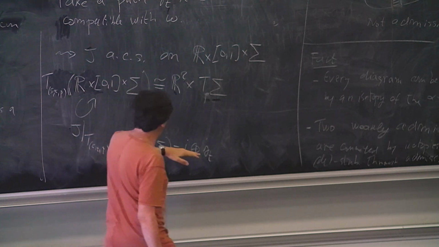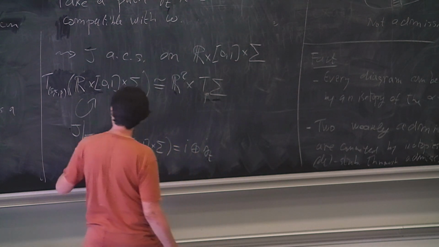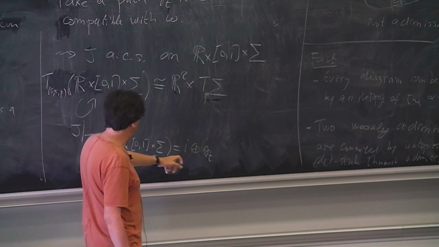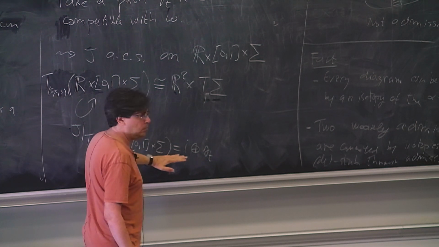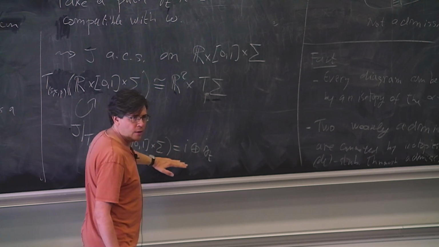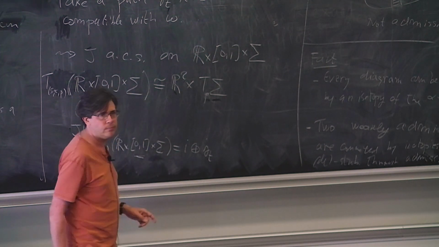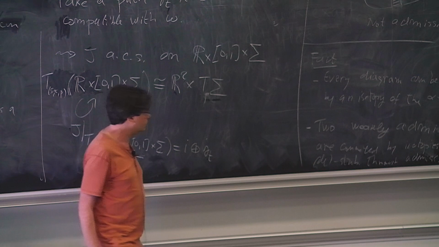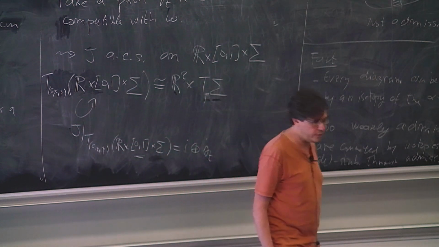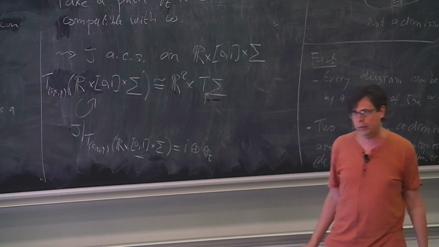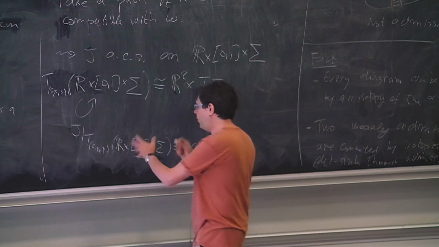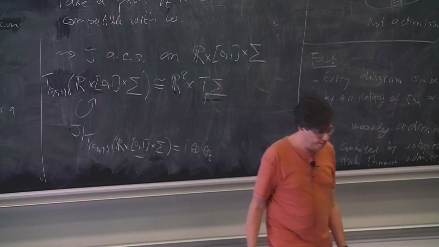So this is not a product almost complex structure because on the sigma component it depends on the point in the interval. So what we are doing is not exactly complex analysis, but still it's quite close.